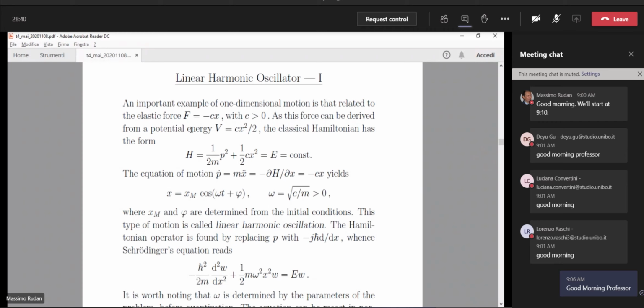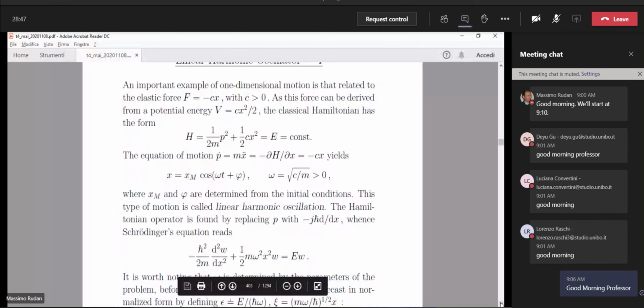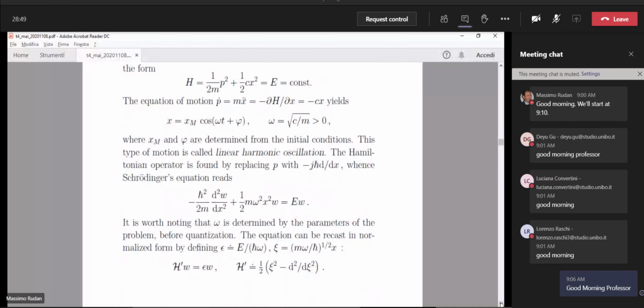We can notice immediately the property that the angular frequency is fully determined by the parameters of the classical case, that is the elastic constant and the mass of the particle.